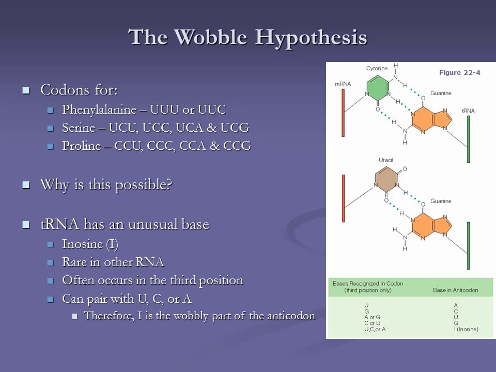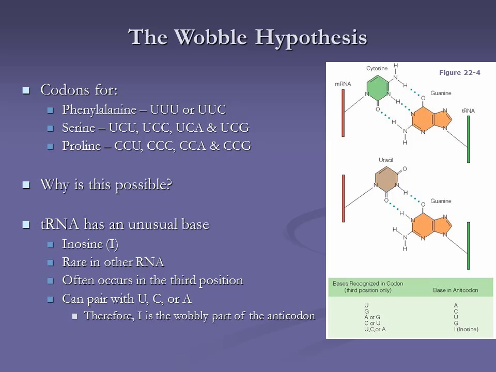So here, for instance, we've got proline. Proline is going to be CCU, CCC, CCA, or CCG. So the codon you remember for proline would be CC and the letter N. N meaning any of the 4 will work.